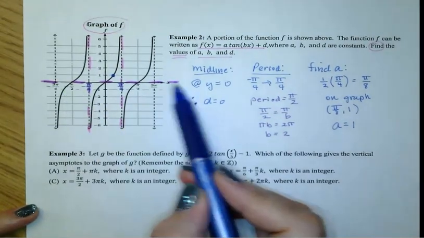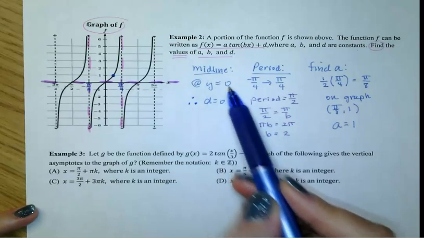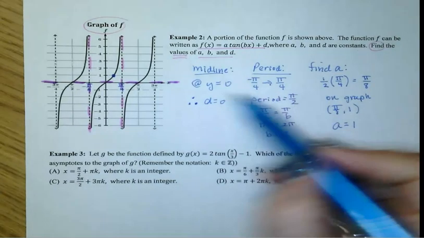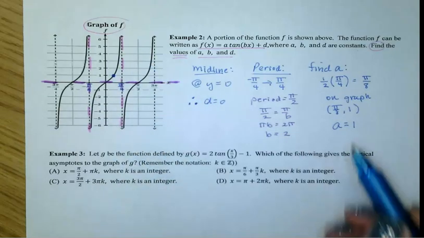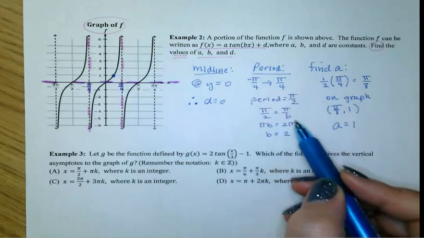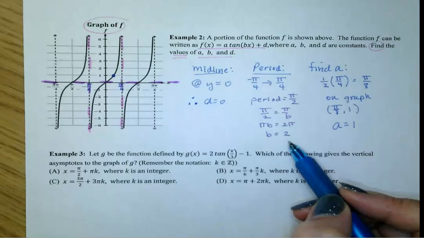The midline here was on the axis, so y equals 0 means that d equals 0. The period is going from negative pi over 4 to pi over 4, so that's a period of pi over 2. And we said we can take the period equals pi over b. So pi over 2 equals pi over b, and now I know that my b value is 2.